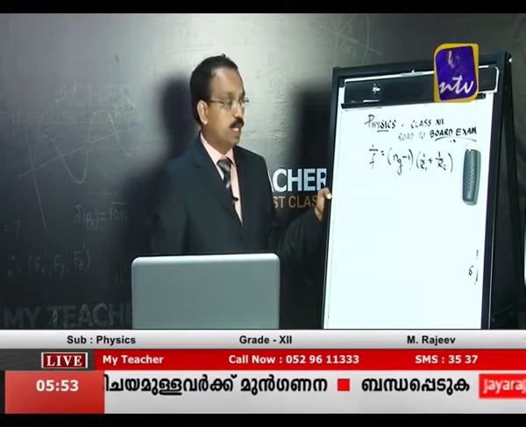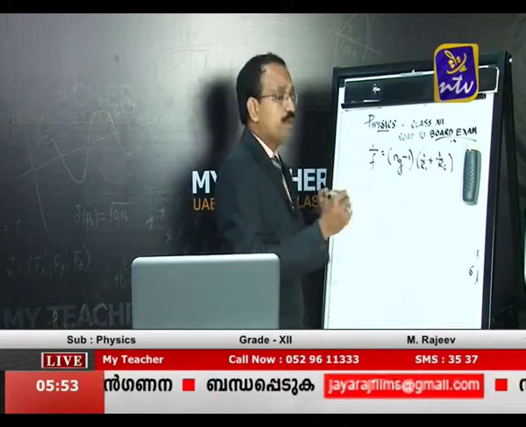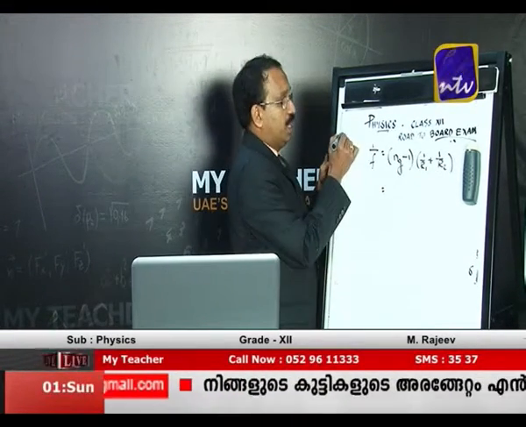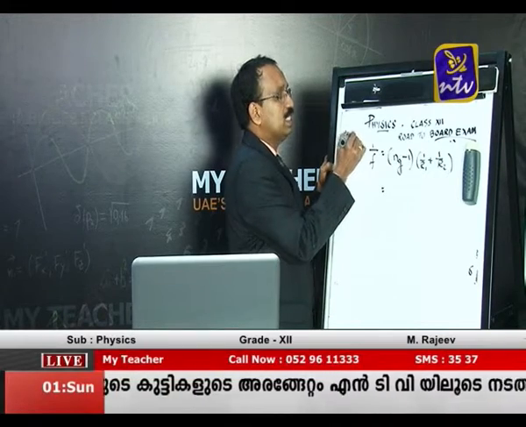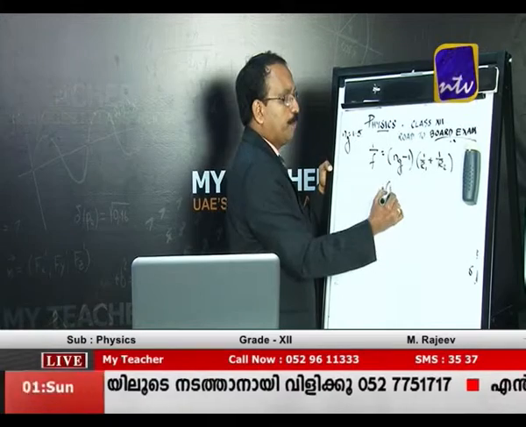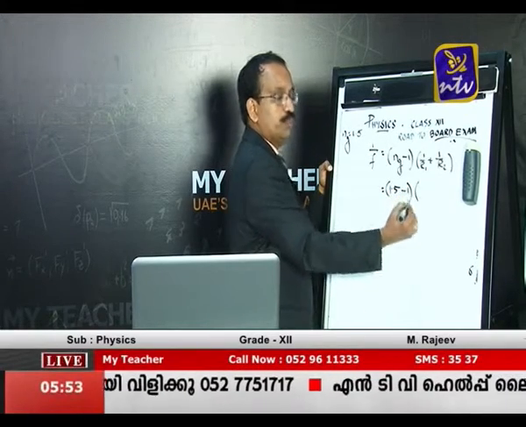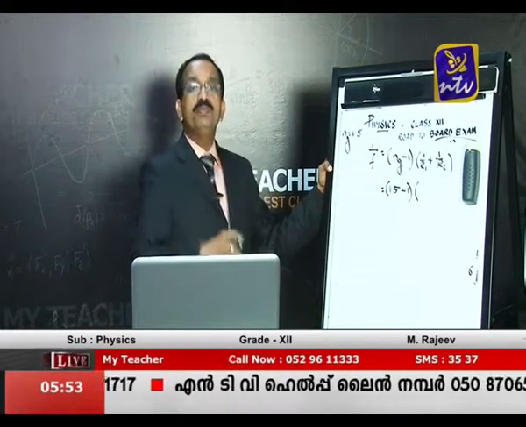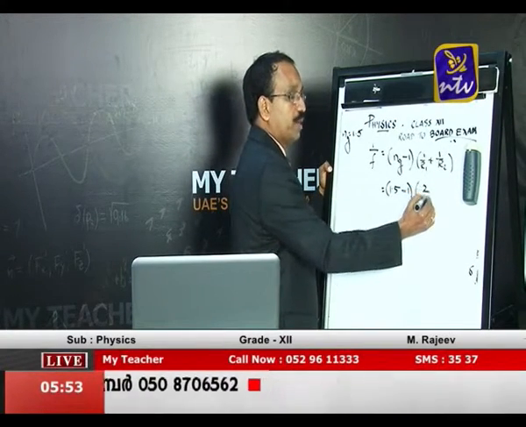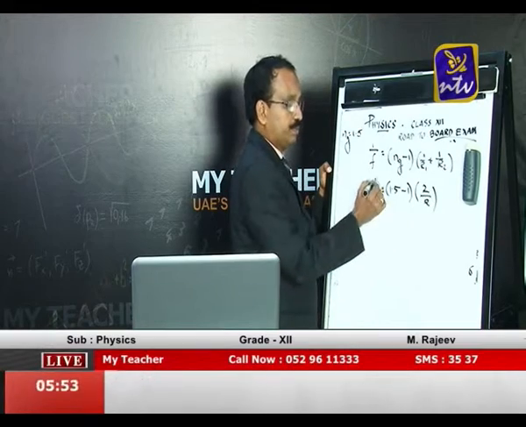Suppose we have an equiconvex lens of refractive index 1.5. So 1.5 minus 1 into, with both having the same radius of curvature, 1 by R plus 1 by R, which is 2 by R.